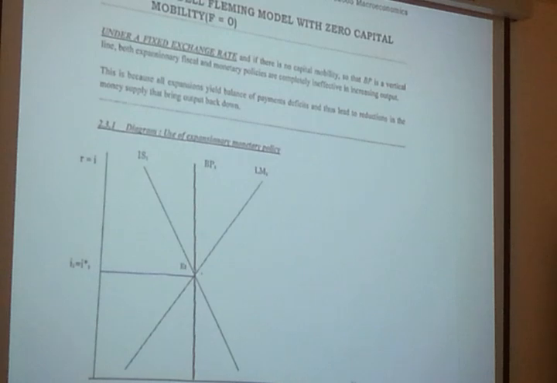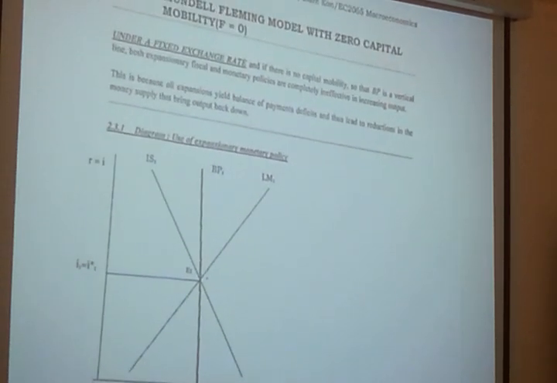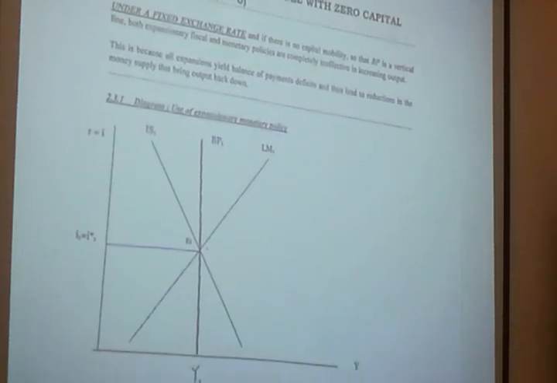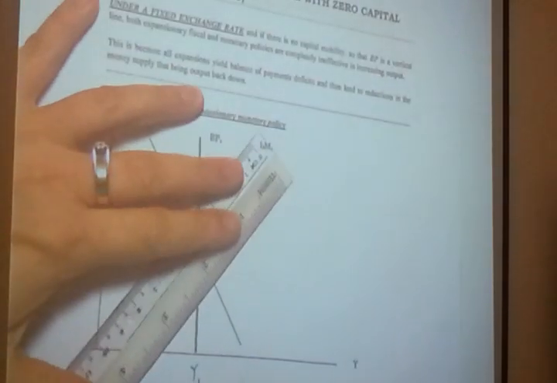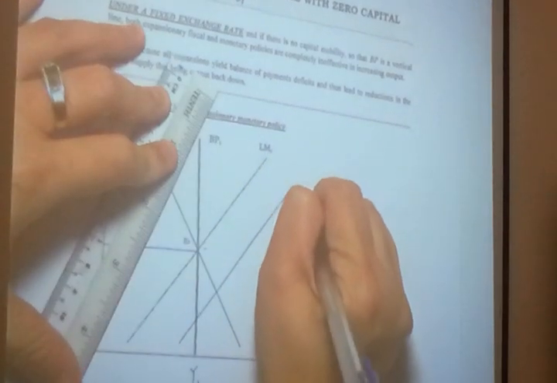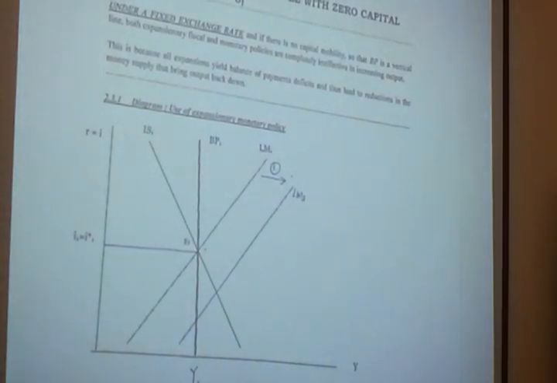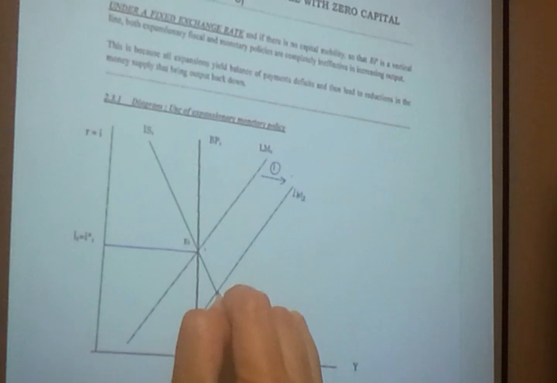So we'll do monetary expansion. Later we will use the same diagram to do fiscal expansion. Okay, so shift our LM down. Okay, we will get our E2.